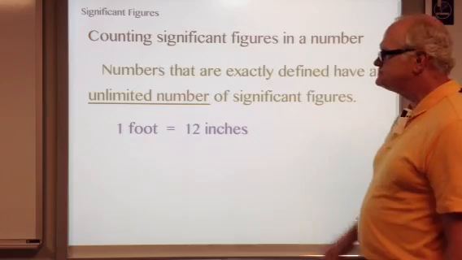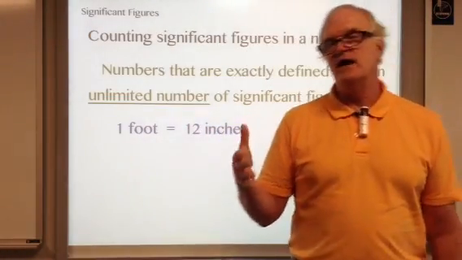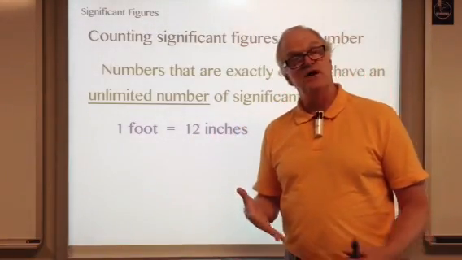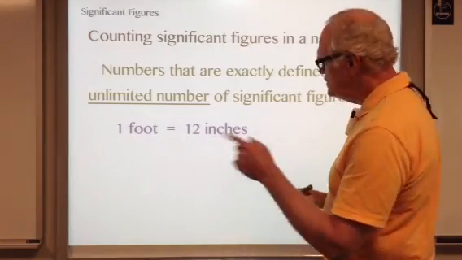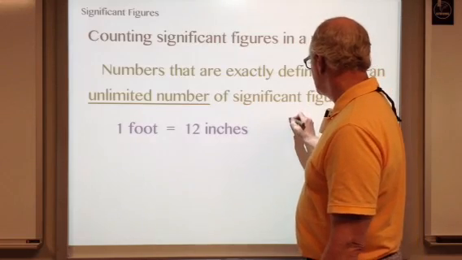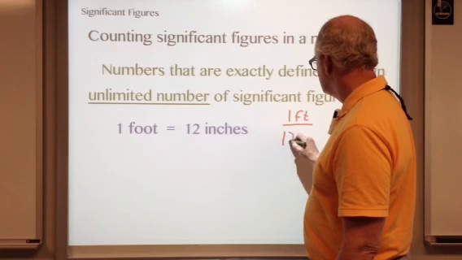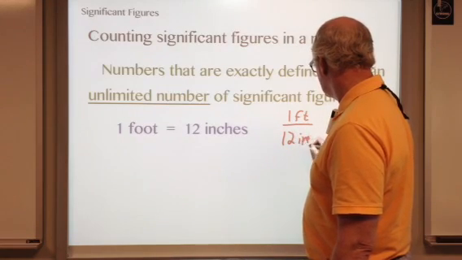For example, 1 foot equals 12 inches. Well, in our American or English system of measuring, 1 foot does equal 12 inches. That's the definition of those two things. So if we're using that definition, if we're using a conversion factor, for example, where we're saying 1 foot is the equivalent of 12 inches, or we can write it the other way.